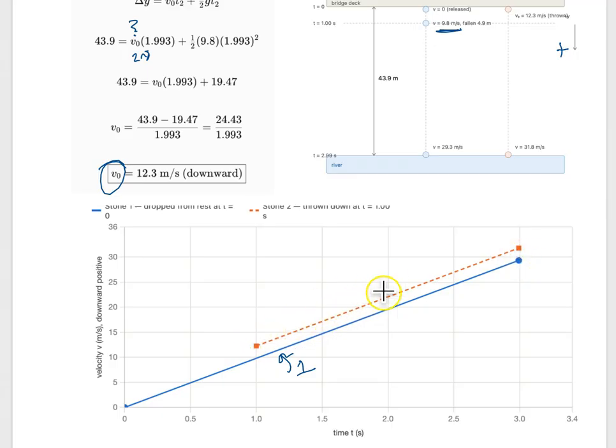This slope is also the same because it also only has gravity affecting it. So this is going to be stone number 2. However, we did throw it at 12.3, so we have to start the graph there, and then they both fall for almost 3 seconds, and that's where they stop falling. And so we have to stop the graph at that point.